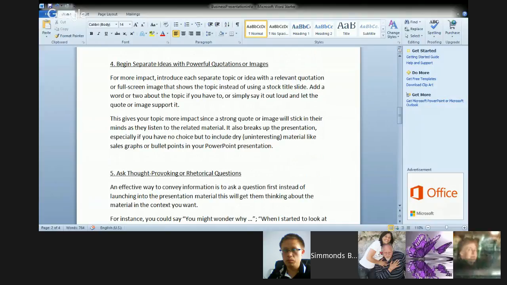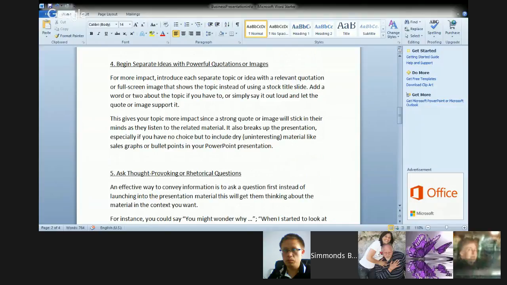This gives your topic more impact since a strong quote or image will stick in their mind as they listen to the related material. It also breaks up the presentation, especially if you have no choice but to include dry, uninteresting material like sales graphs or bullet points in your PowerPoint presentation.